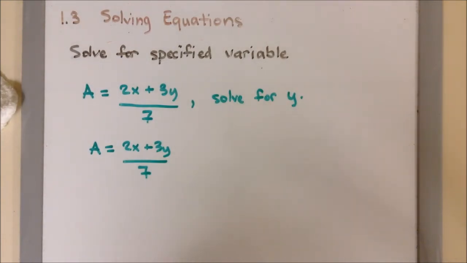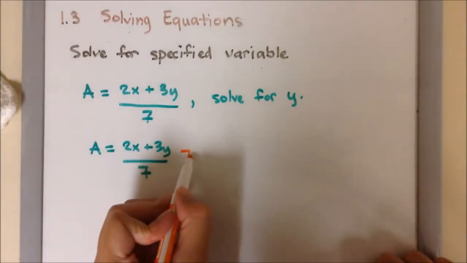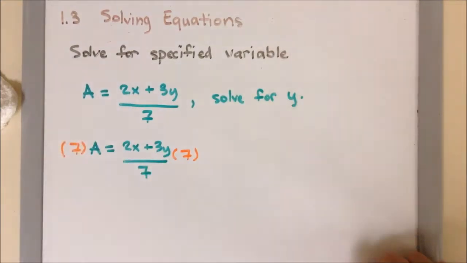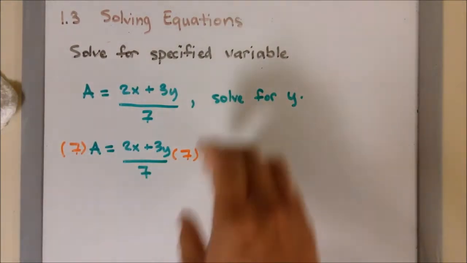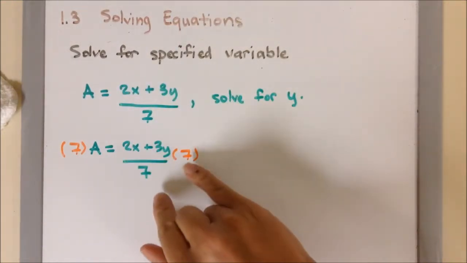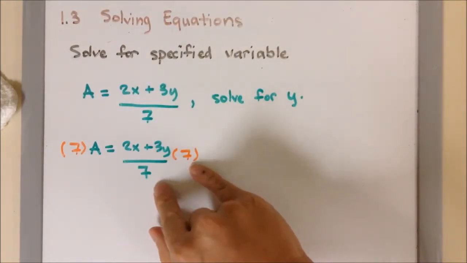Since it's a fraction, meaning division, the opposite of division is multiplication. I'm going to multiply by the denominator. Again, it's a whole number times a fraction, so it's going to go to the top. But basically, it's 7 divided by 7, which is 1.